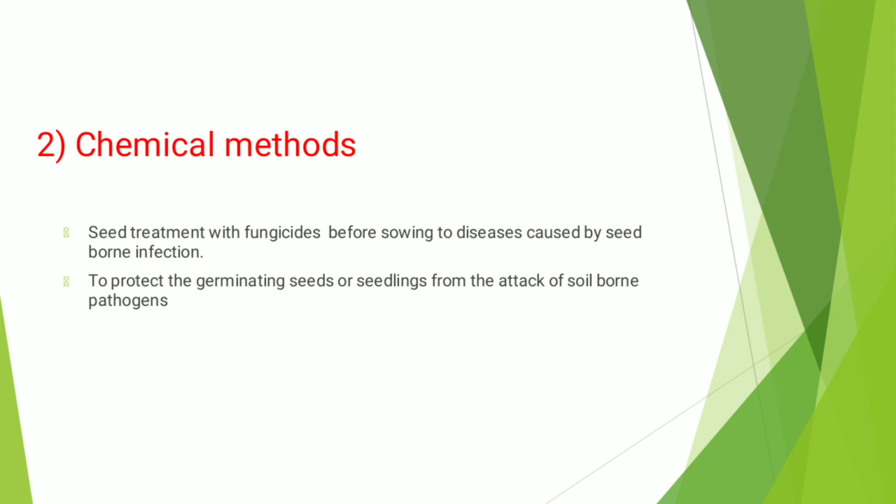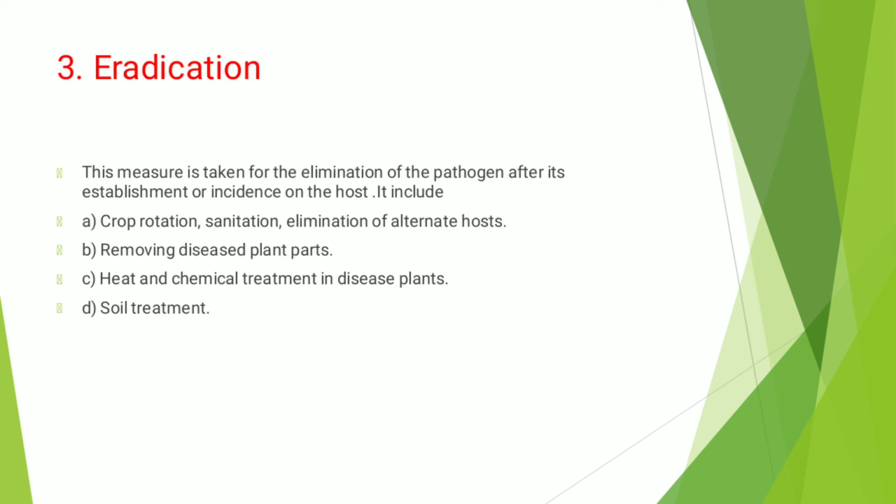Chemical method: seed treatment with fungicide before sowing, to control diseases caused by seed-borne infection and to protect the germinating seeds or seedlings from the attack of soil-borne pathogens. Eradication, the third principle. These measures are taken for the elimination of the pathogen after its establishment or incidence on the host.